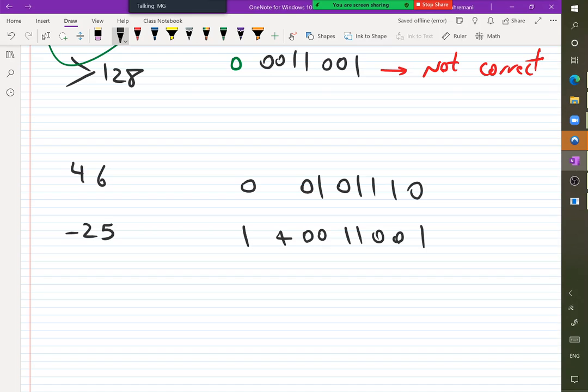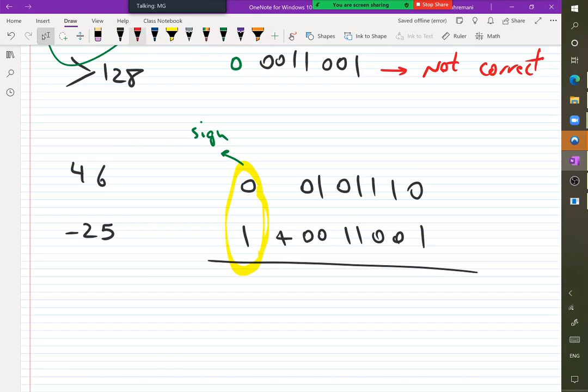So we want to add these two numbers. Please be careful, these two bits are sign bits, not the amplitude. We want to subtract them, and we know how to subtract in base 10.